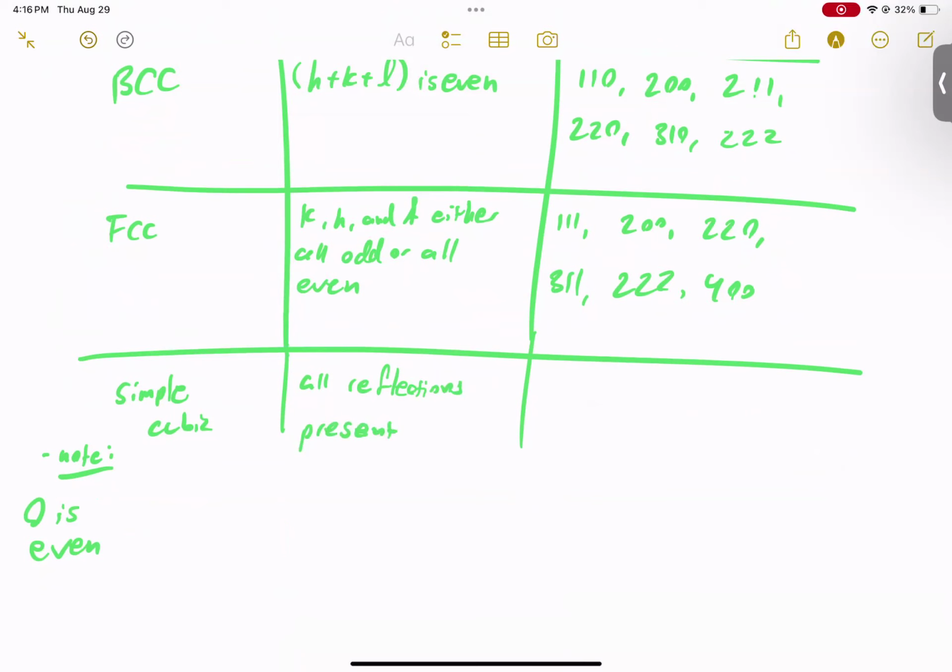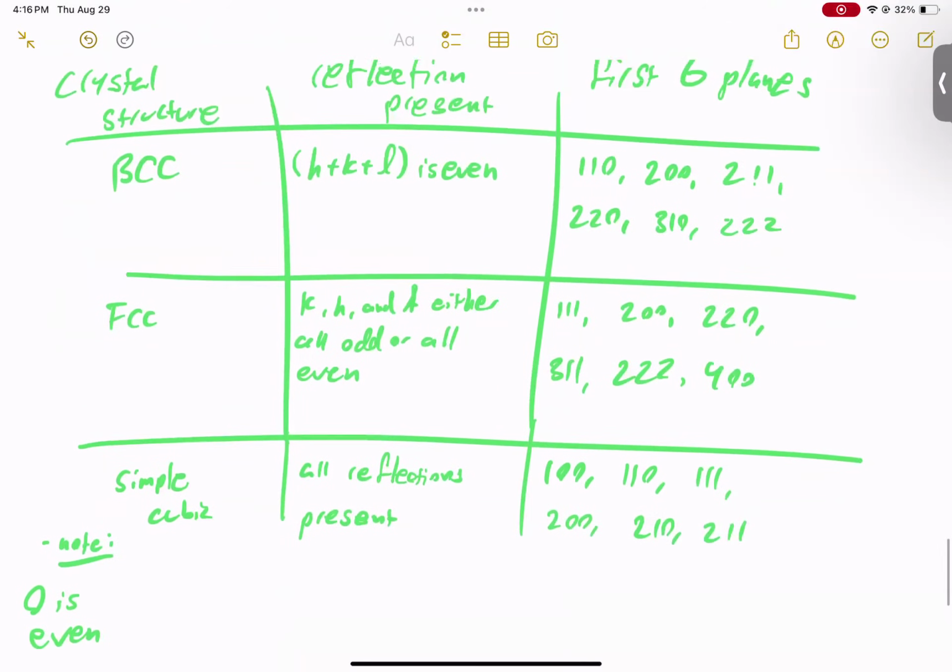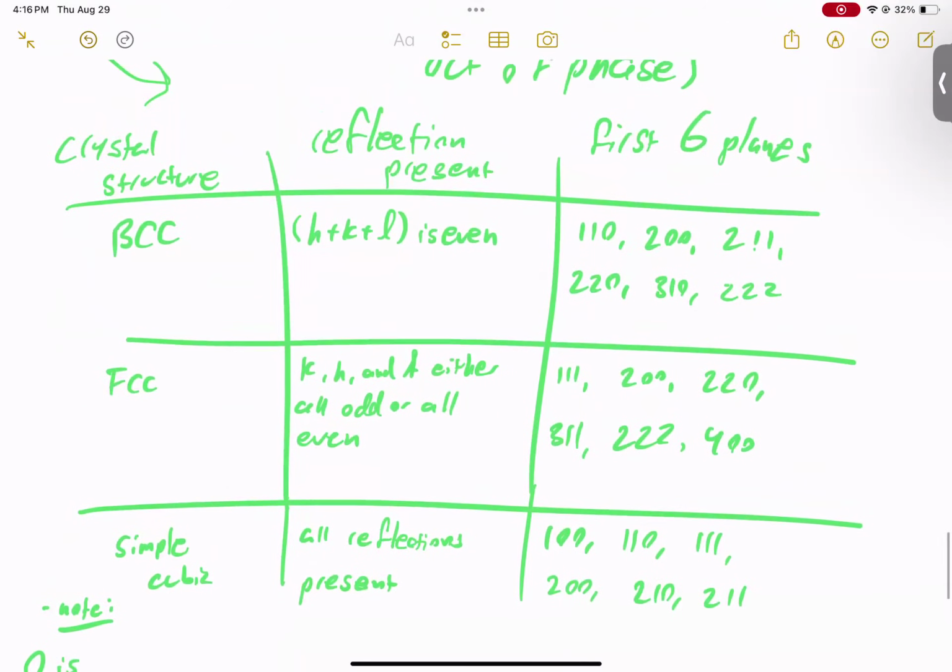So the first 6 planes reflected will be 1, 0, 0, 1, 1, 0, 1, 1, 1, 2, 0, 0, 2, 1, 0, and sorry, 2, 1, 1. Anyway, these are the reflection rules that will be super important in determining the crystal structure.